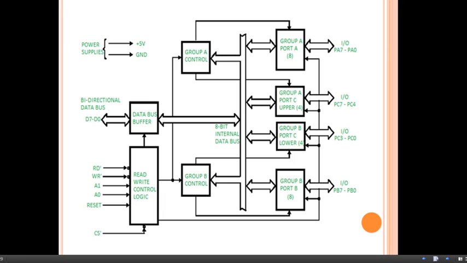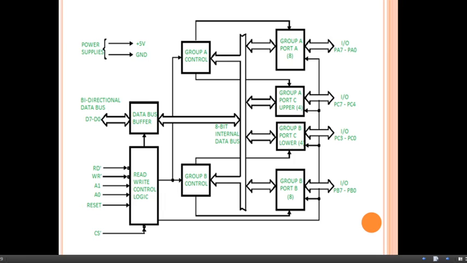The control signals are read bar and write bar. Address lines are A0 and A1, and one more signal is received, that is reset and chip select bar. The signals read bar and write bar are connected to IO read, IO write, then memory read and memory write.